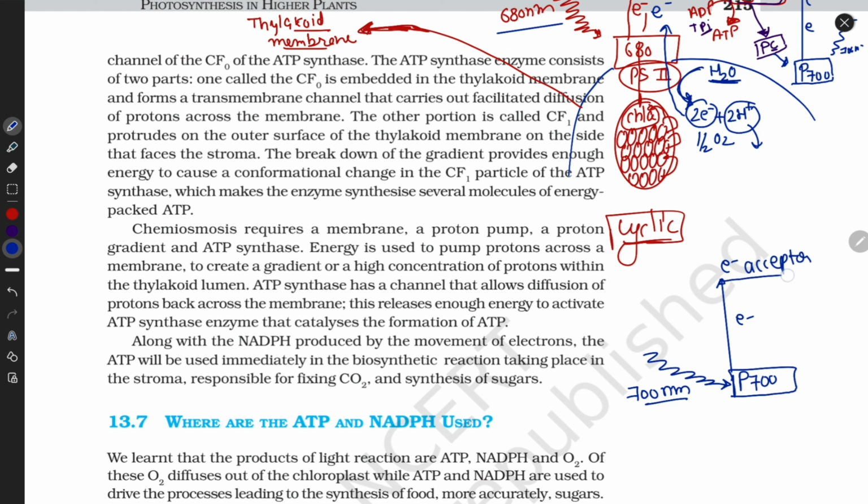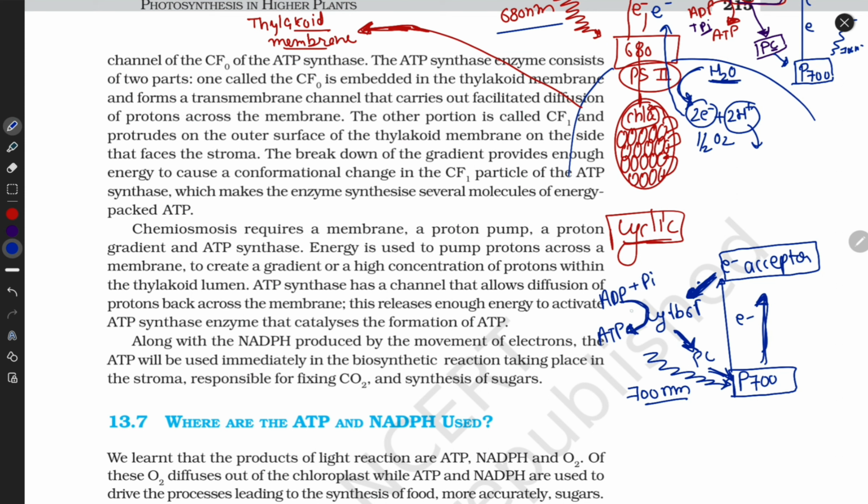Here there is no breakdown of water. The electrons pass towards cytochrome b6f and then to plastocyanin. This phenomenon happens in cyclic photophosphorylation, and here they continuously produce ATP from ADP.